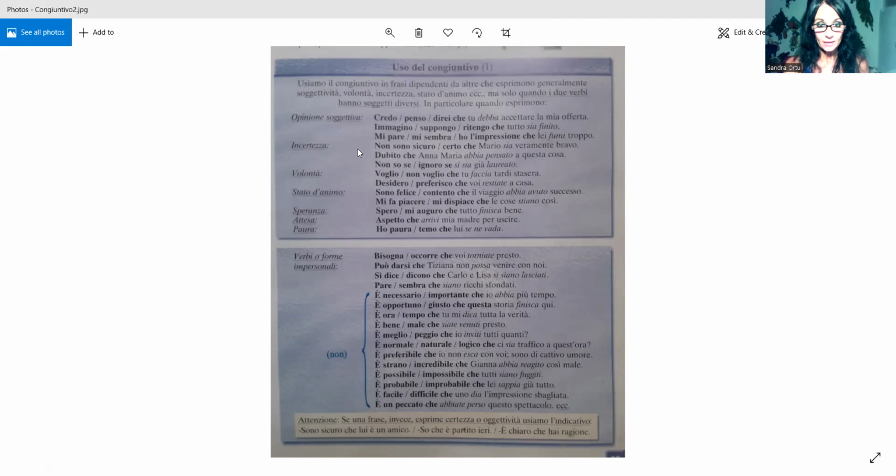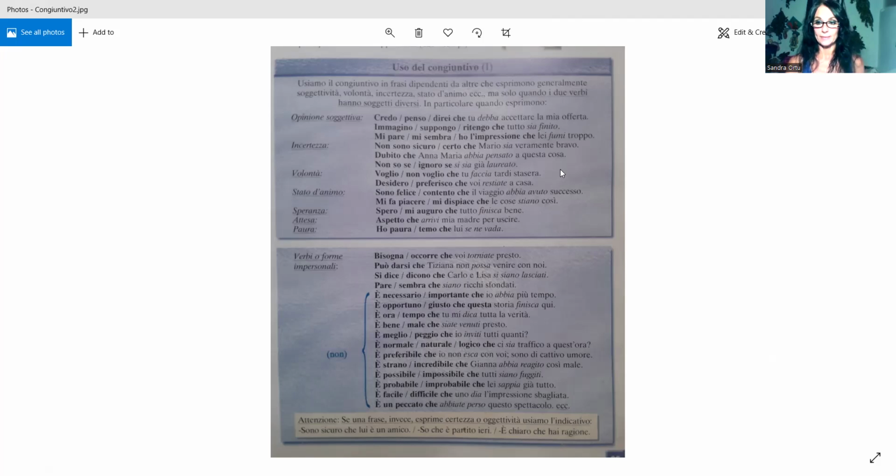However, the other ones are not all as obvious as credo and penso, because as soon as you say I believe, I think, you're immediately talking about the way you feel or you think about something. You believe about something or someone, remember. The others are a bit more subtle, let's say. So this, as I said, is a list of the main verbs which are followed by congiuntivo, subjunctive. We have the whole sentence, really.